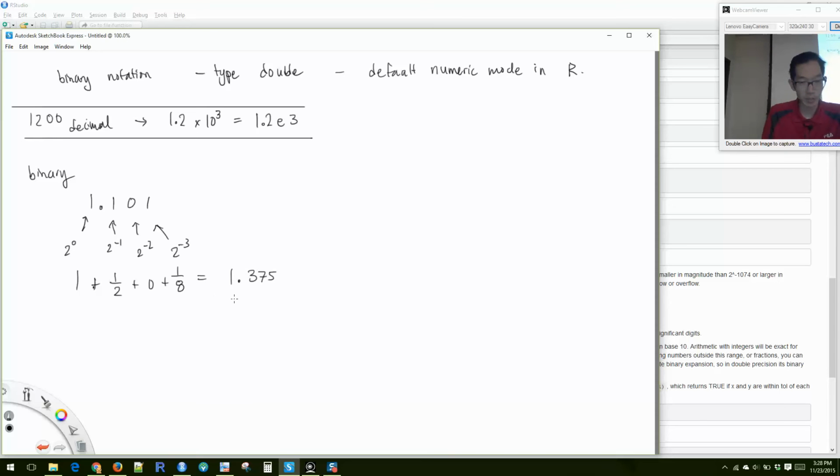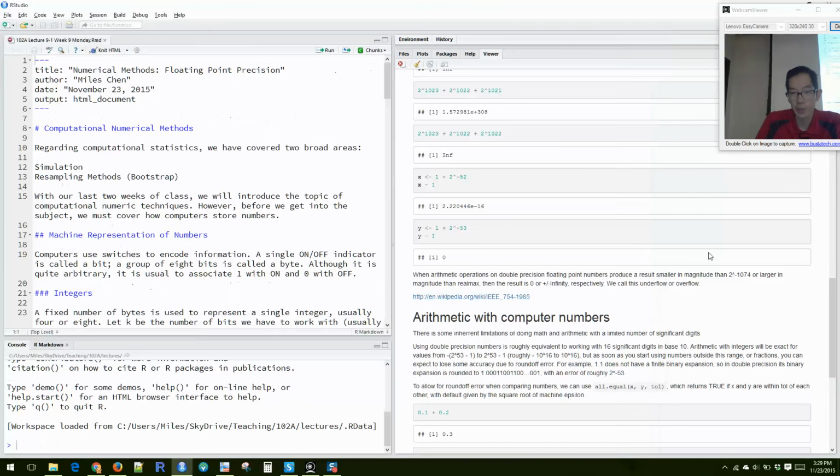Oh, did I mess something up? Yeah, not 3/8, 5/8. So 1.625. Then you can multiply it by an exponent, 2 to the 0, 2 to the whatever. I'll just leave it as 2 to the 0, so it stays as this.